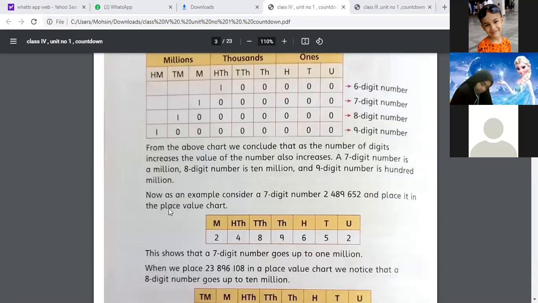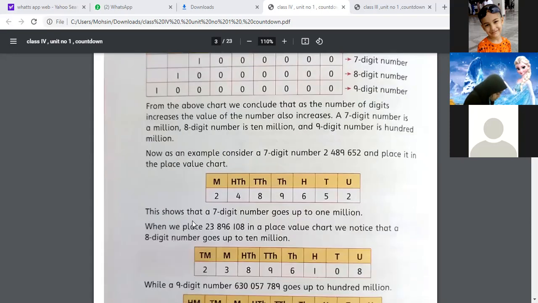So now as an example, consider the 7-digit number 2489652 and place it in the place value chart. This is a place value chart. The first one is unit, 10, 100, 1,000, 10,000, 100,000, and million.